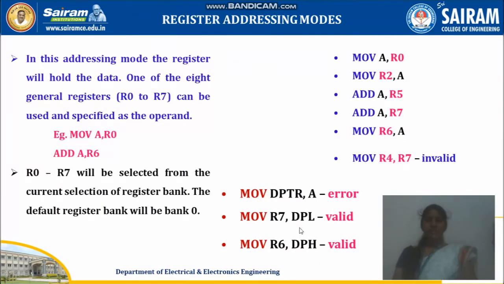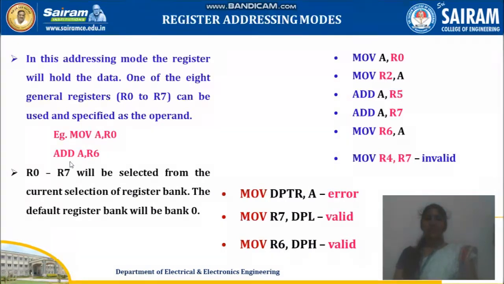In register addressing mode, the register will hold the data. For example, in MOV A, R0, R0 will hold the data. You can use any of R0 to R7 of any register bank. MOV R2, A means the content of the accumulator will be moved to the R2 register.